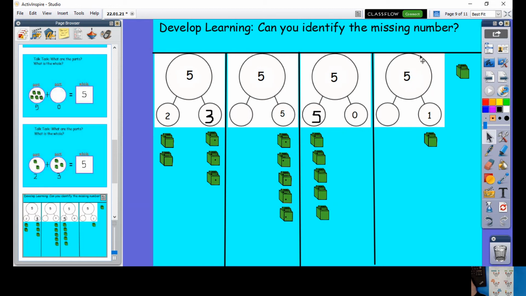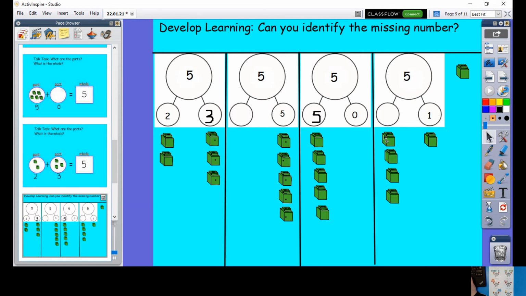We have got 5 as our whole number again, and we've got 1 cube in this part here. How many cubes do we need in this part? Let's add them. 1, 2, 3, 4, 5.